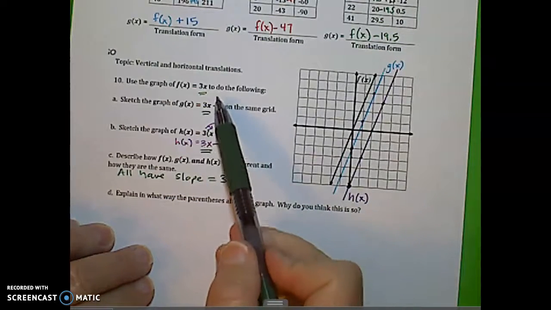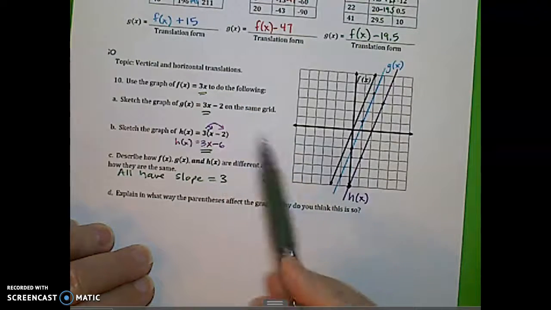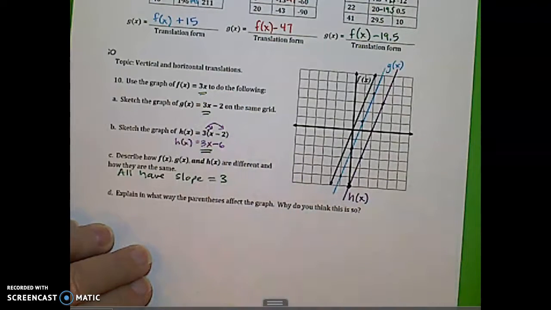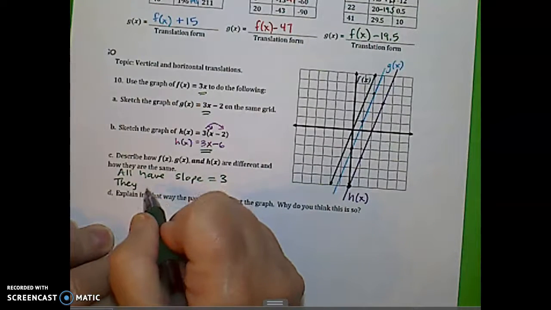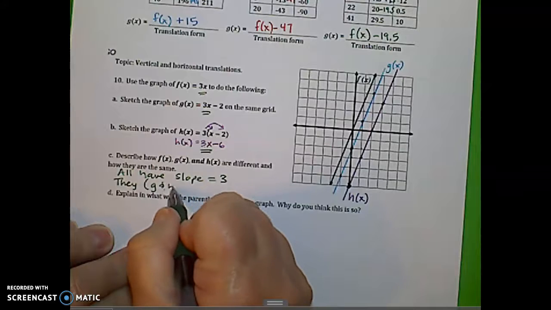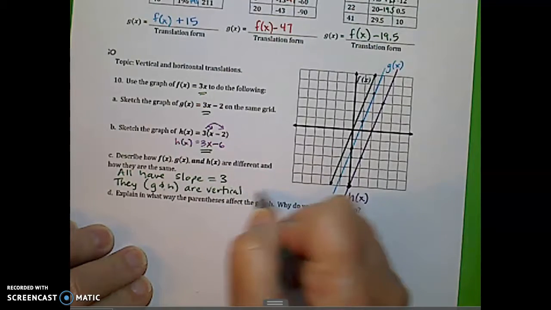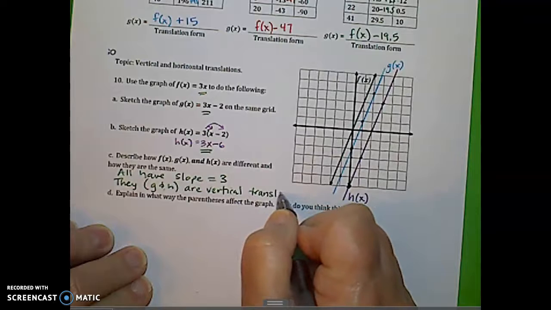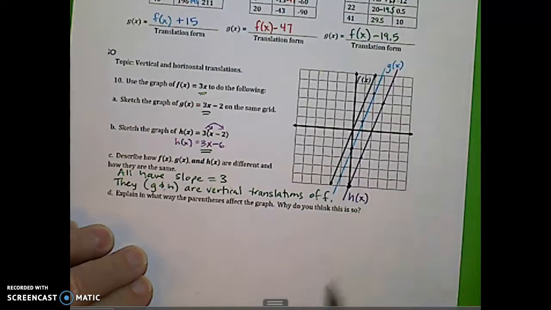If you think of f as 3x plus 0, and then minus 2 and minus 6, g and h are both vertical translations of f. They're just up and down from there.